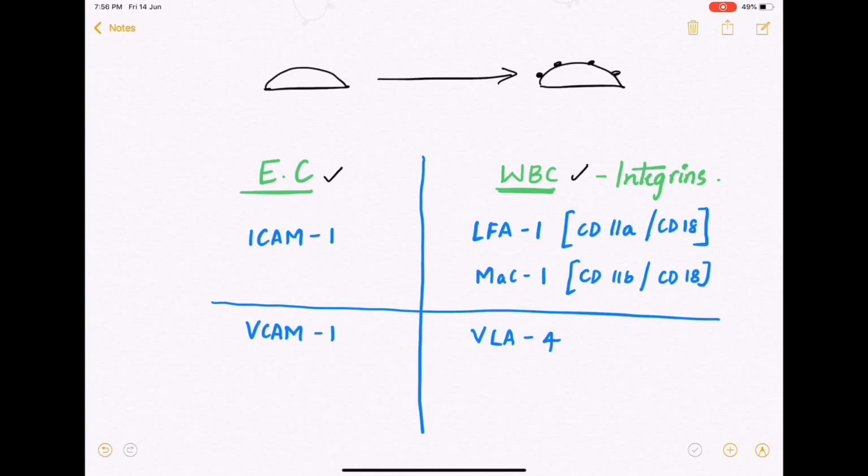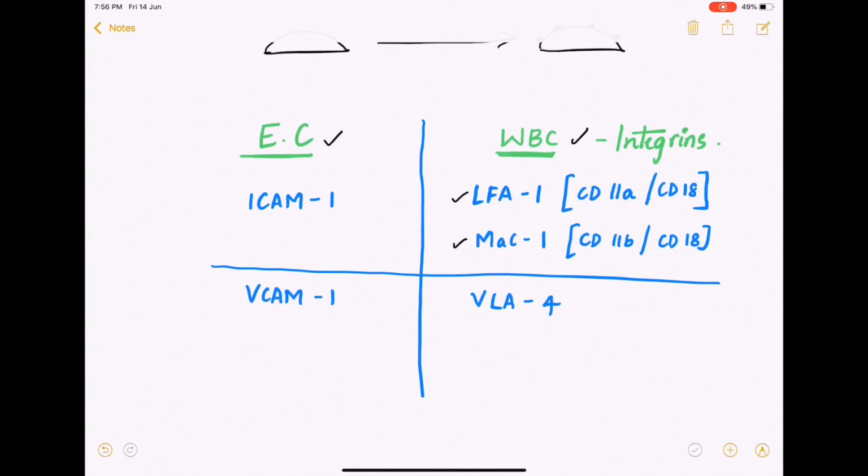It stands for intercellular adhesion molecule 1. It binds with leukocyte function associated antigen 1, also called CD11a, CD18, and also with macrophage 1 antigen, also called CD11b, CD18. The next molecule on the endothelial cell is VCAM-1, the vascular cell adhesion molecule 1, which interacts with very late antigen 4.